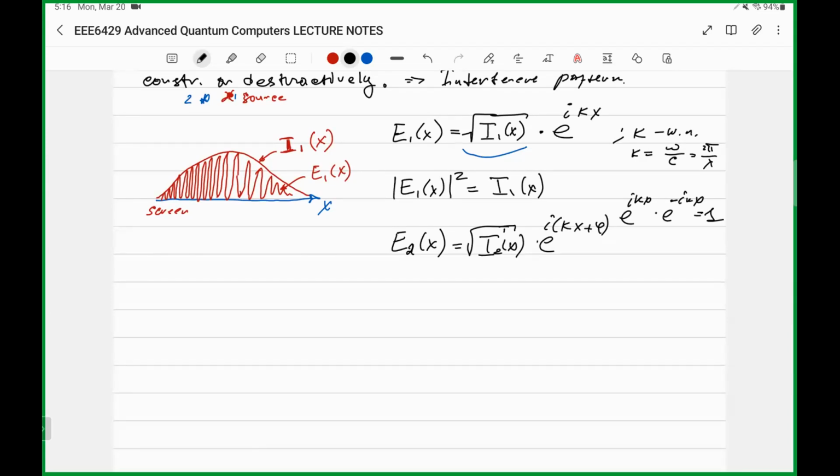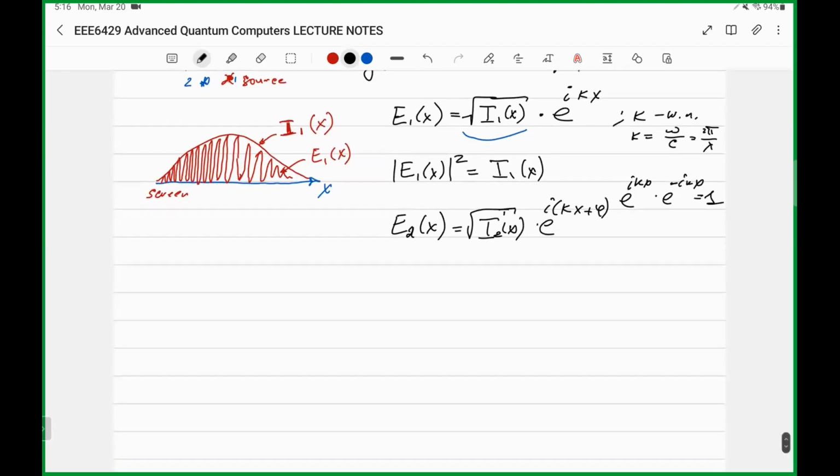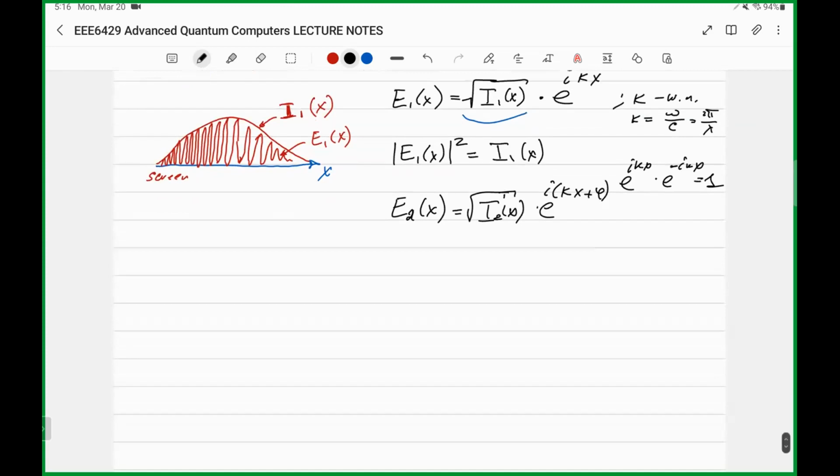So I suppose that the second source gets an additional phase difference compared to the first one. And similarly, the intensity of this second source is just the square of the absolute value of the electric field.